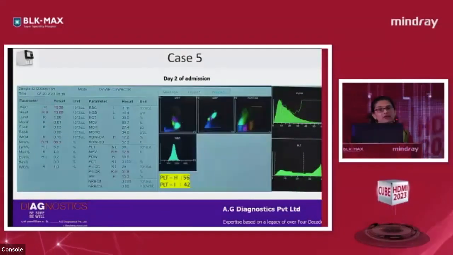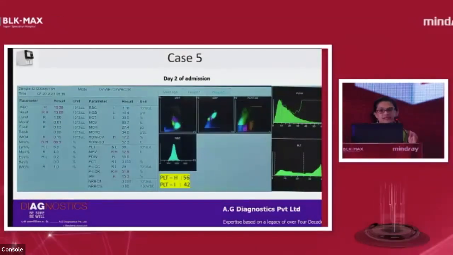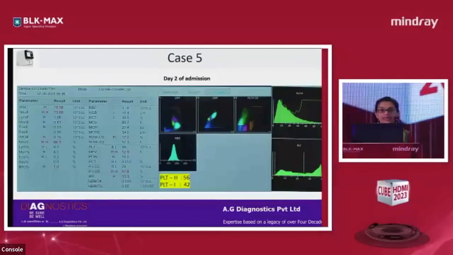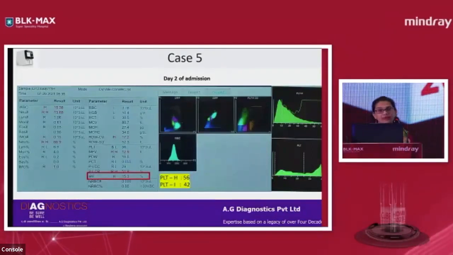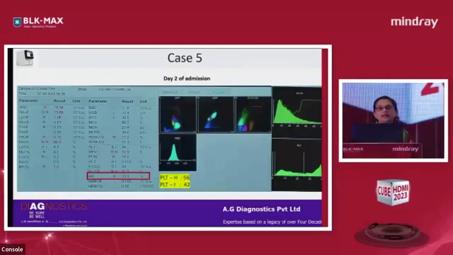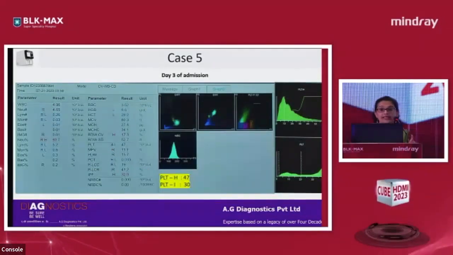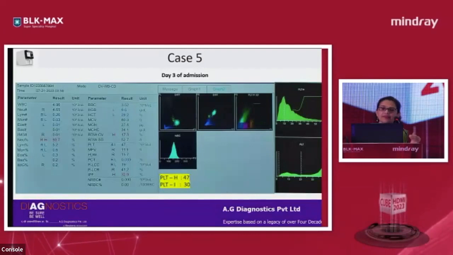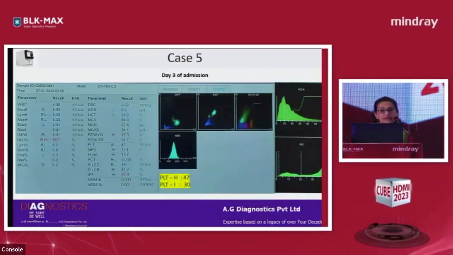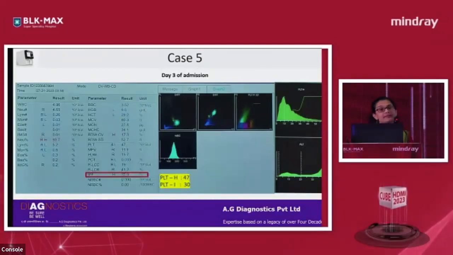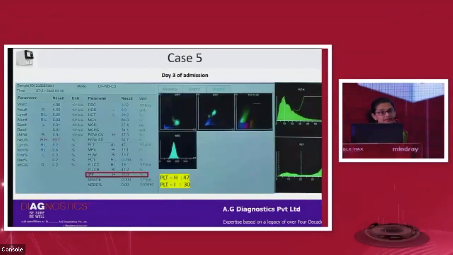This was day 1. On day 2, platelets fell a little further, but IPF went up, 15.3%. WBC count came down a little with antibiotic therapy initiation. Day 3, platelet count went a little down further, but IPF went up markedly, 32.9%.